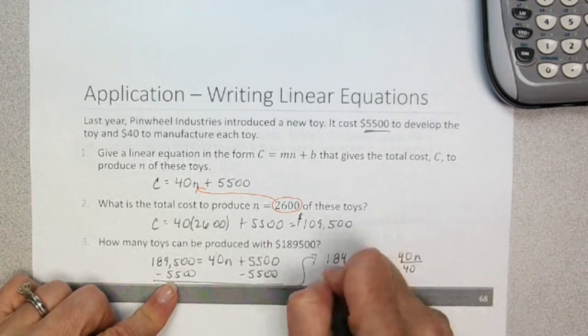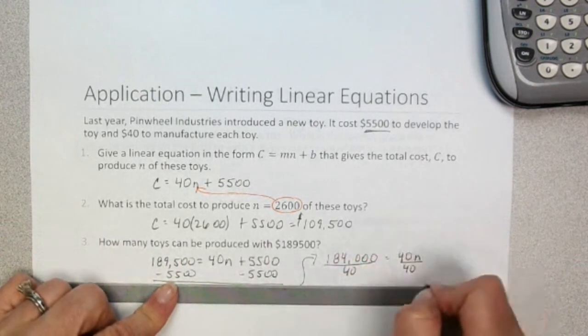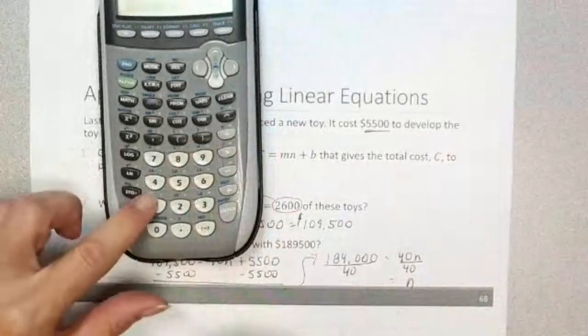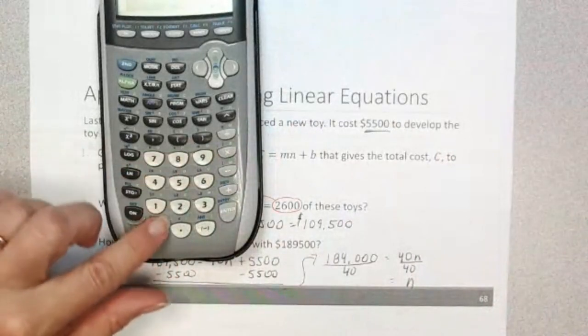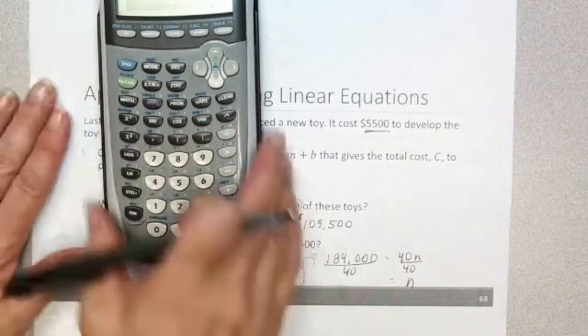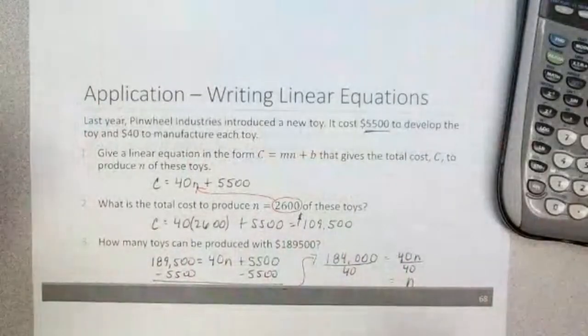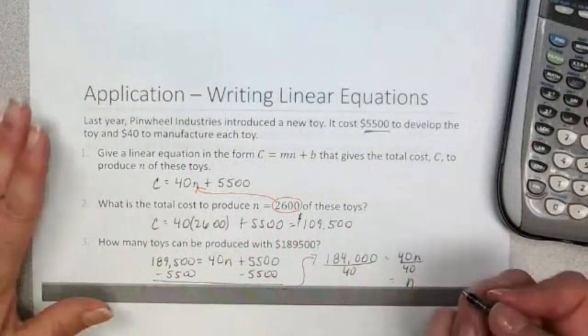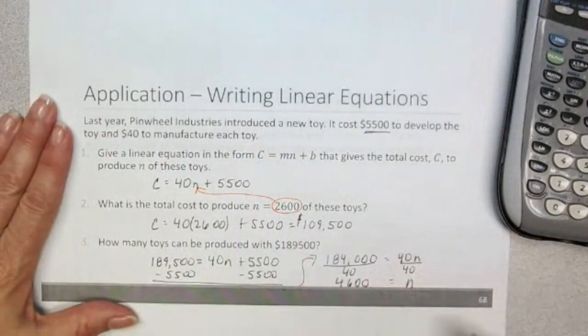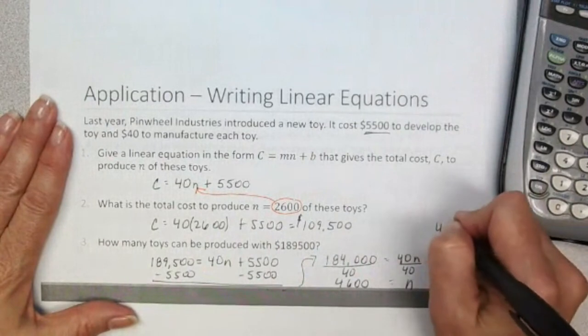We'll divide both sides by 40. And I'll see that I can produce 184,000 divided by 40, 4,600 toys. So n equals 4,600 toys.